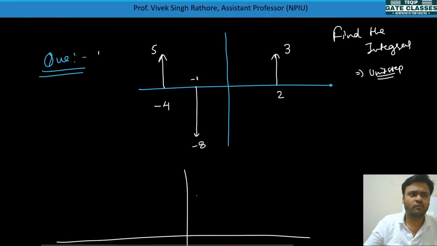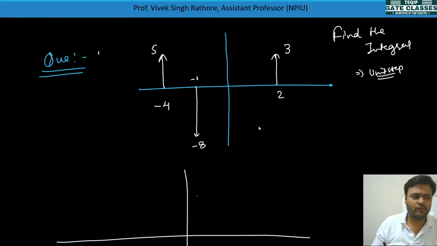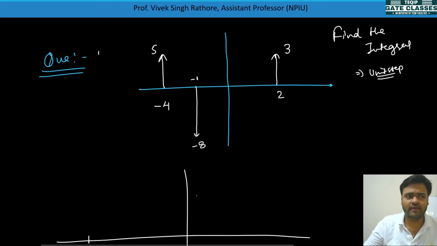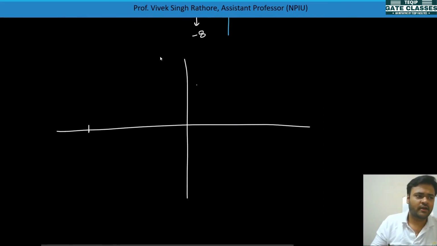So whatever step change or variation is there, whatever quantity is there, that much step change will happen. So at t is equal to -4, there is a step change of 5.